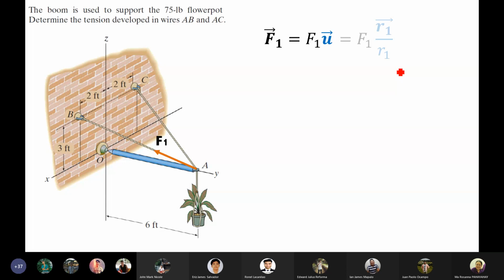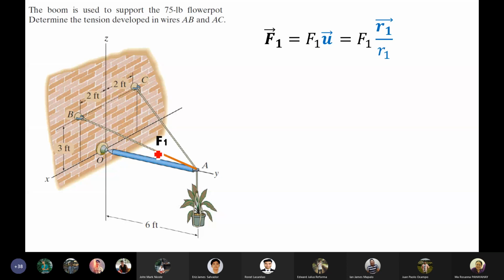unit vector? So, it will be what is the position vector of F1 and what it divided by its magnitude of its position vector. Now, this position vector is the position vector that is parallel to F1. Okay? So, kung ano yung position vector na parallel to F1, which is this. Okay?